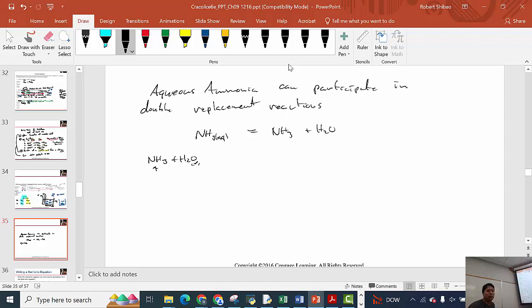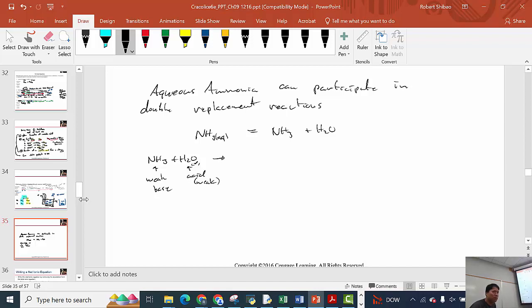NH3 we can find on the acid-base chart, and it turns out that this is a weak base. And water can act as a weak acid, or an acid. And what can happen is we can form this.